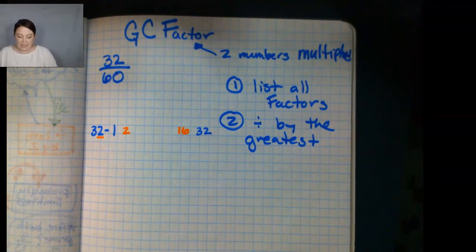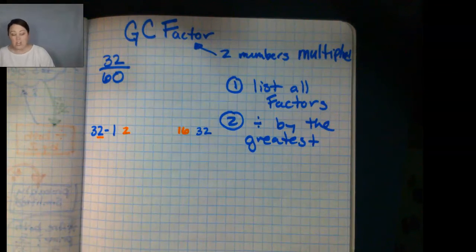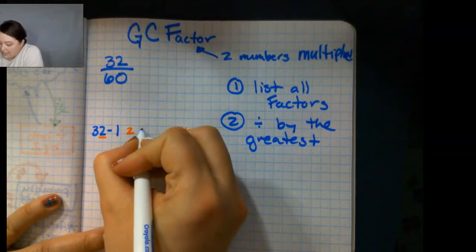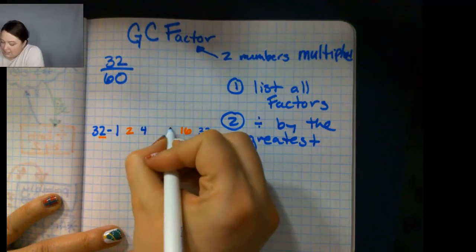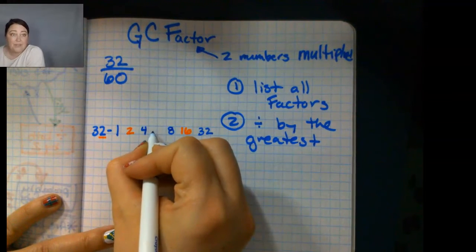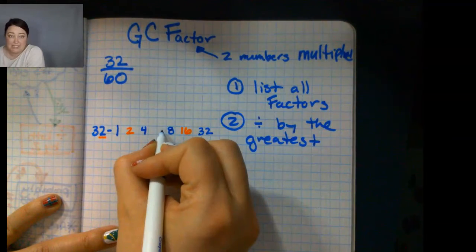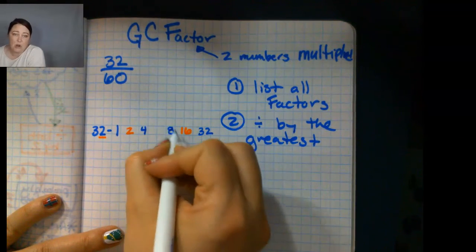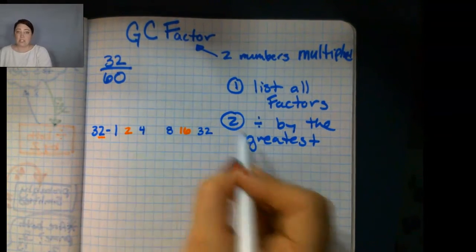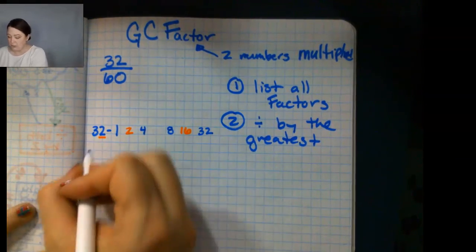Great. Can I divide by 3? No. 4? Yes. 4 times 8. 5? No. 6? No. 7? No. And then I'm at 8. So these are the factors of 32.